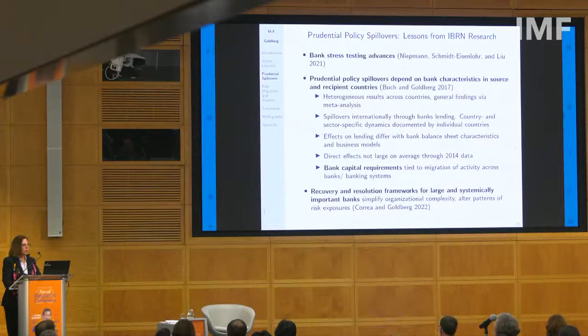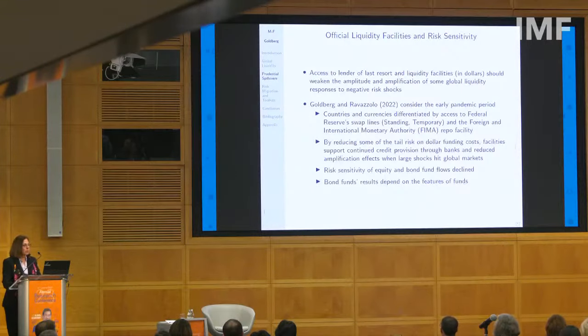My work with Ricardo Correa on US banks and the introduction of living wills shows that these large banks reduced their organizational complexity, but at the same time, this altered forms of risk exposures for these banks. New research also points to central bank swap lines and funding facility access as reducing risk sensitivity.